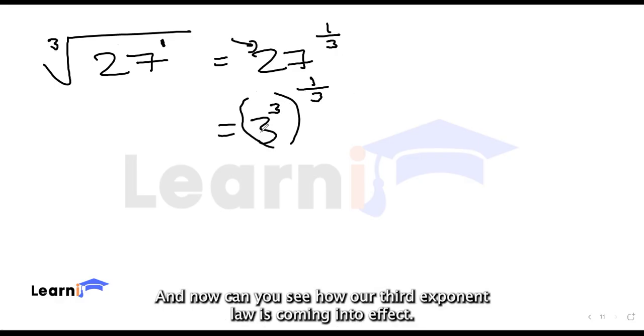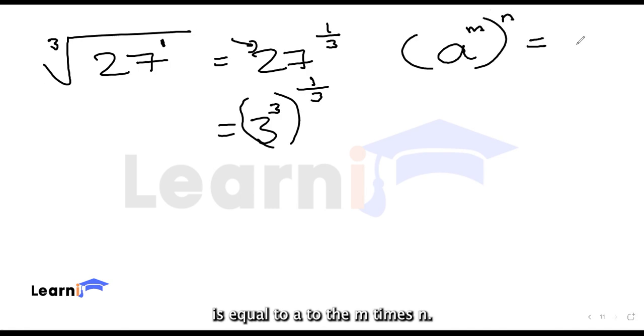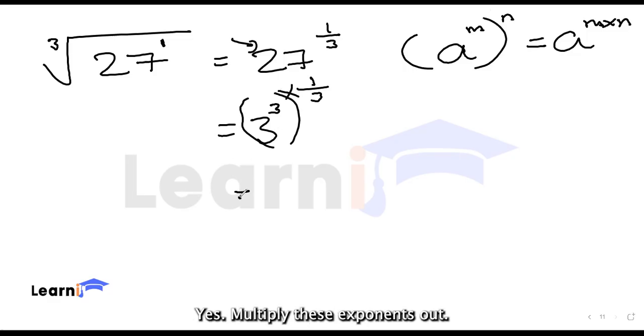And now can you see how our third exponent law is coming into effect? The one that states a to the m raised to the n is equal to a to the m times n. So what are we going to do here? Yes, multiply these exponents out.